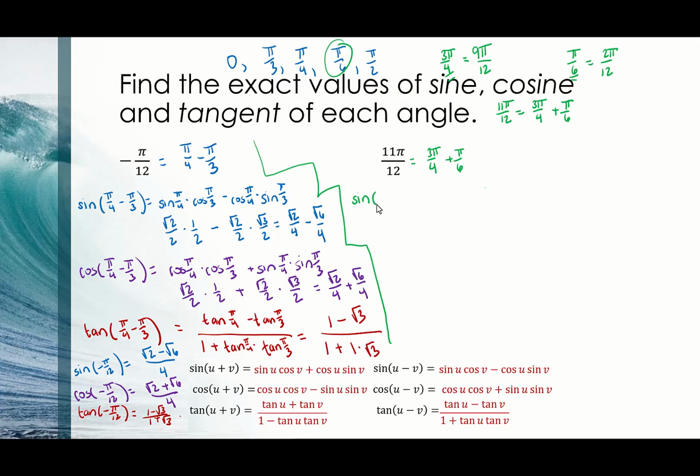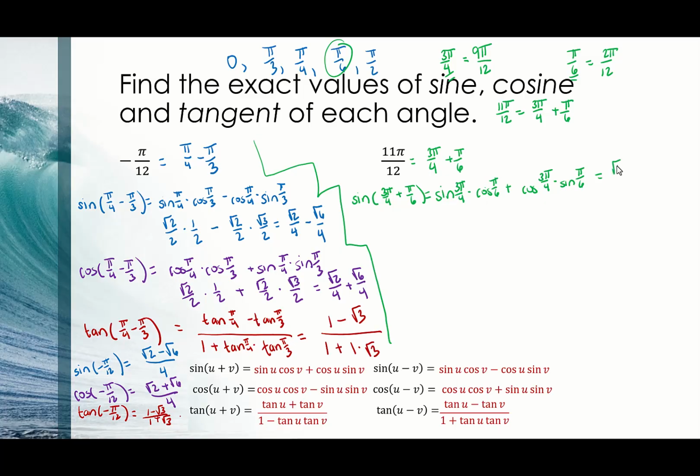We're going to say sine of 3 pi over 4 plus pi over 6 is equal to sine of 3 pi over 4 times cosine of pi over 6 plus cosine of 3 pi over 4 times sine of pi over 6. And what that's going to give us, we're going to get sine of 3 pi over 4. 3 pi over 4 terminates in quadrant 2 where sine is positive.